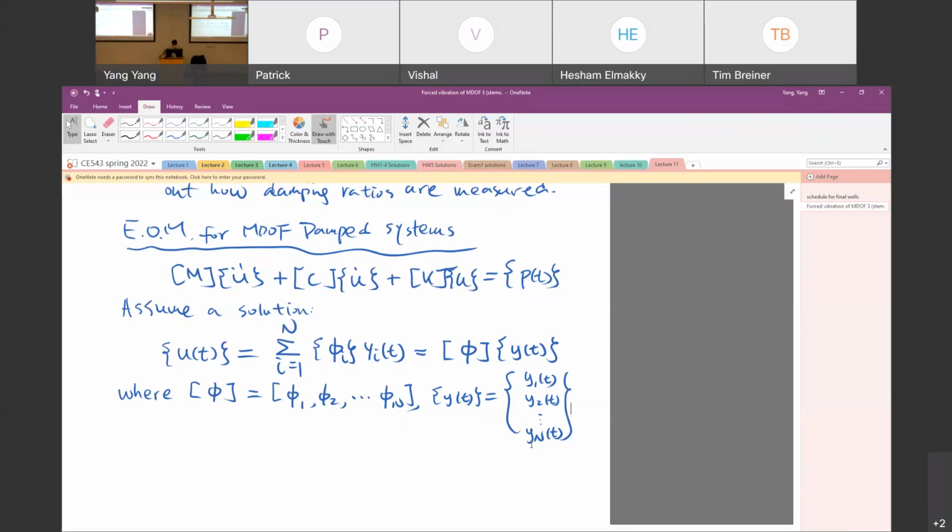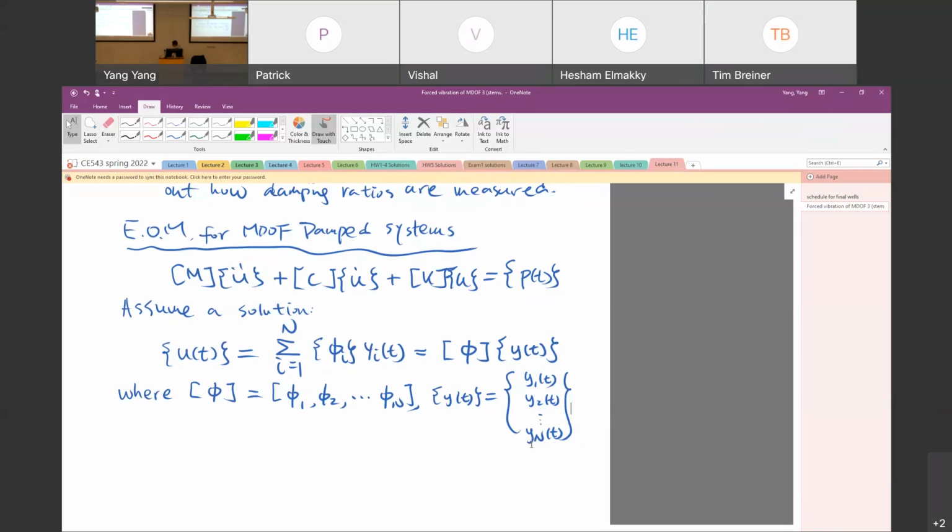Any questions, online students? Do you agree with me with this transformation between vectors and matrices here? This is not very fancy, just fundamental linear algebra.